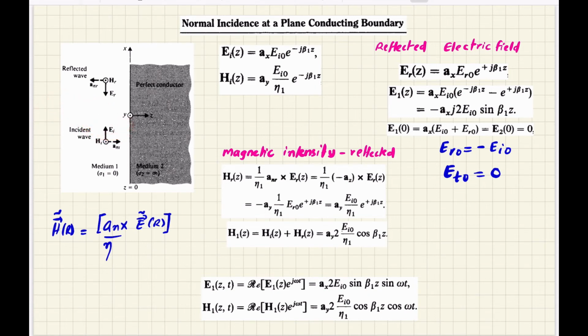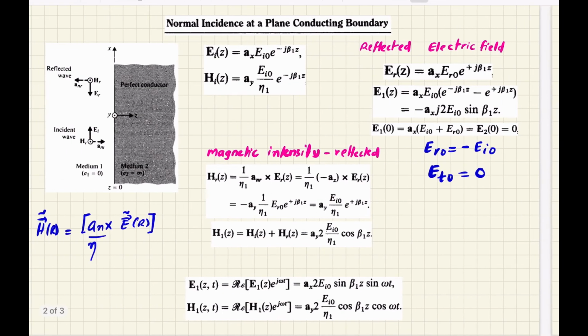So it will form a standing wave pattern like this, and for this pattern there will be regions where the wave is maximum and minimum, both for the electric and the magnetic fields. This is the maximum condition, or you can call it an antinode, and these 0 points are the nodes. So you look at the locations of the maxima and minima of the standing wave pattern. Basically you take this expression for a particular value of omega t and look at the maxima and minima.